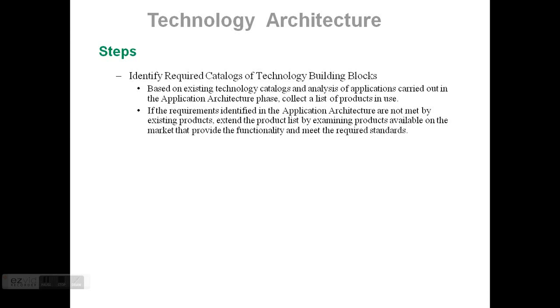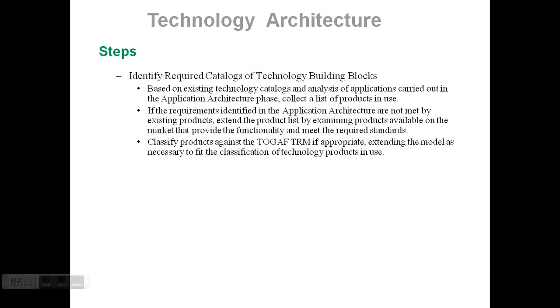If the requirements identified in the application architecture are not met by existing products, then we extend the product list by examining the products available on the market that provide the functionality and meet the requirements that we set the standard for.